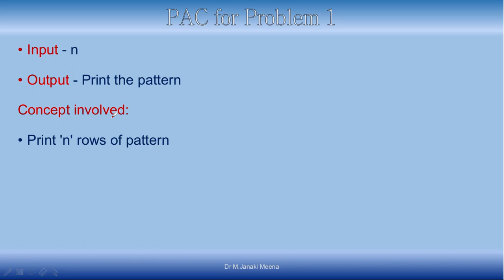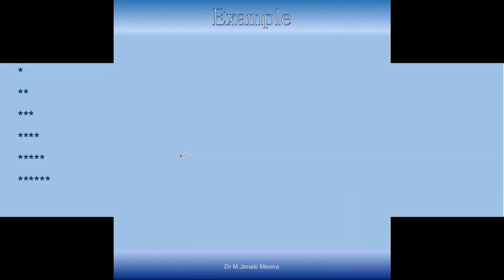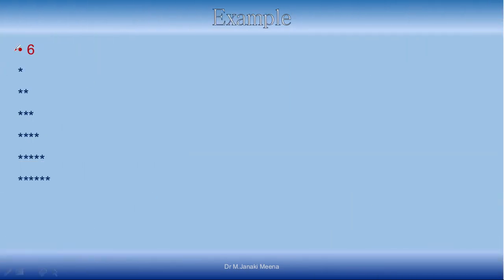When you look at the concept involved, it is going to print n rows of the pattern. There are going to be n rows, and if n is 6, the pattern will be like this. So there are going to be some number of rows, so there should be a loop to print each row.